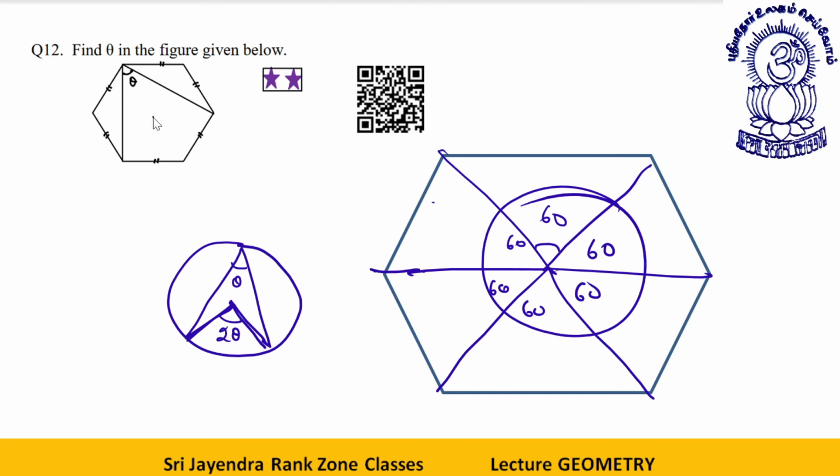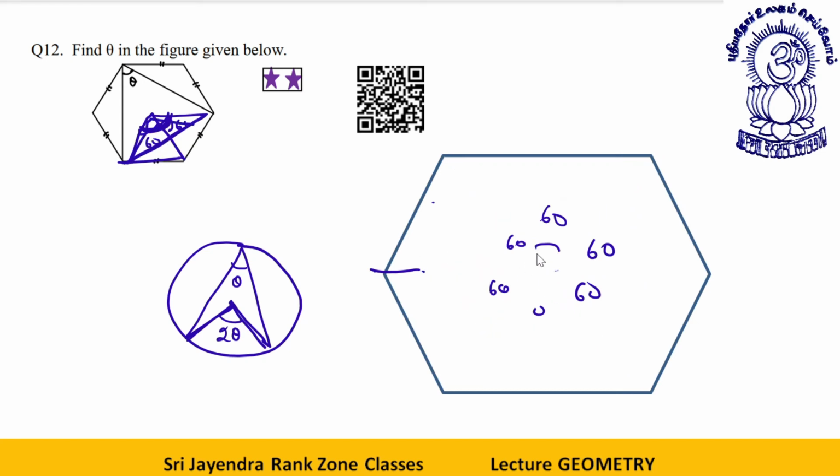Now, if one side makes an angle of 60 degree, this is 60 degree. This is also 60. So this angle is 120 degree. If this chord makes a 120 degree angle over here, let me see if I can rotate the figure, which I will definitely be able to do.